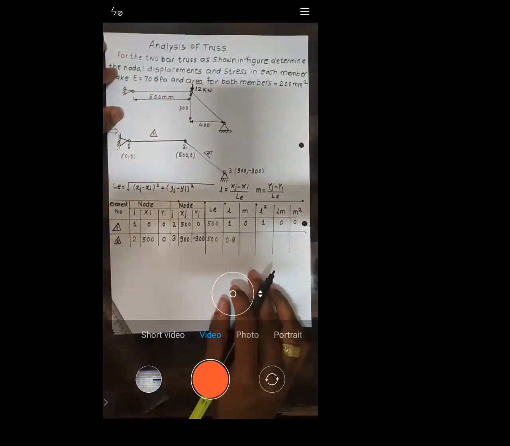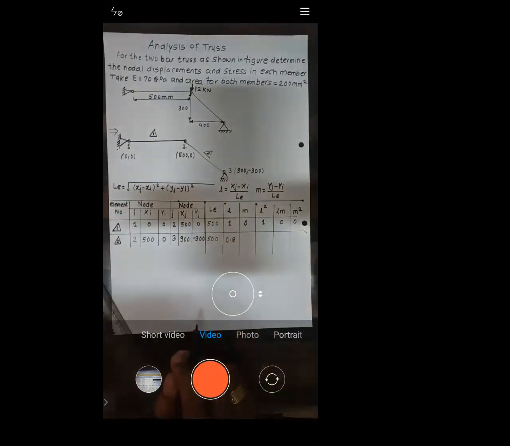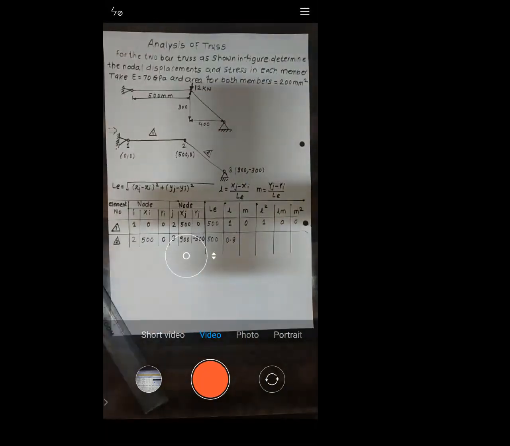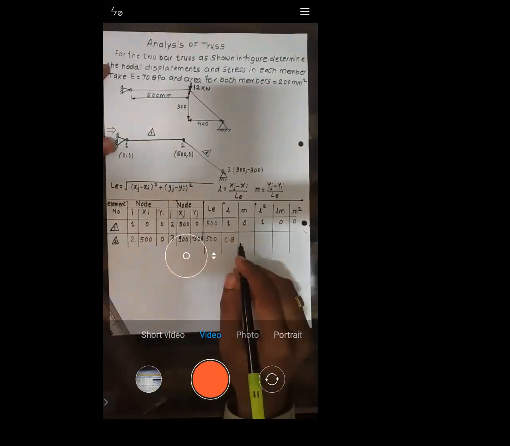For M. Tell me, what is the value of M? Minus 0.6. All of you getting the same value? Minus 0.6. For M? Minus 0.6.